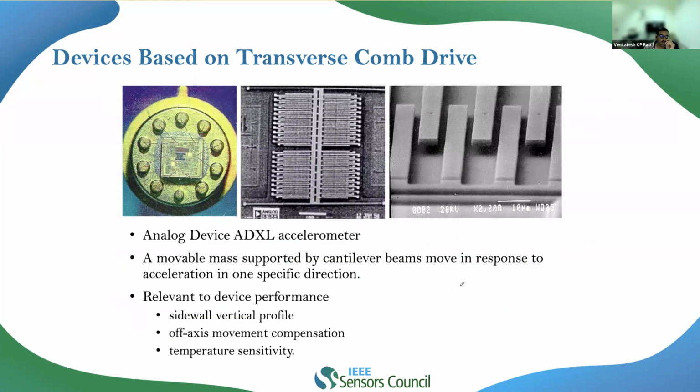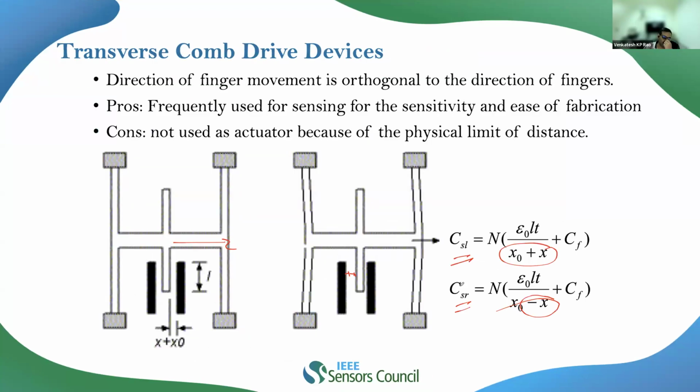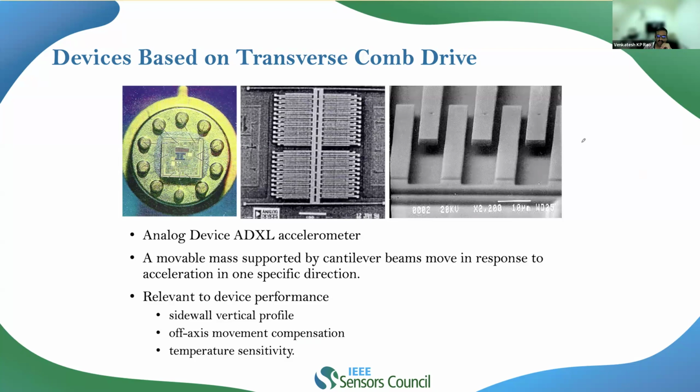So this is basically an Analog Devices accelerometer, which makes use of transverse comb fingers, right? The structure is basically made of a proof mass, a central mass, suspended with the help of beams. Whenever there is input acceleration coming along the y direction in this case, the proof mass will undergo motion.